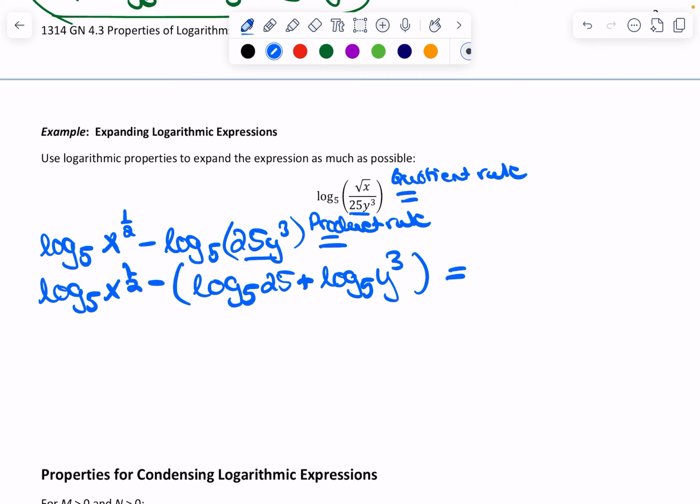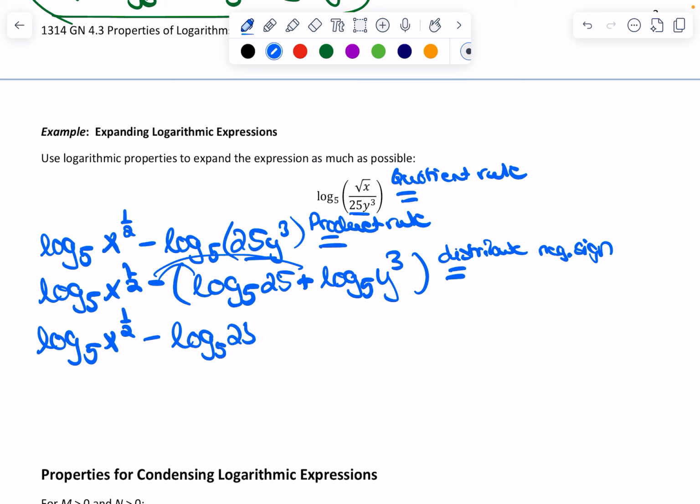Okay, next we're going to distribute the negative sign. This part does not change yet, and we're just switching the signs over here to get rid of the parentheses. There we go.